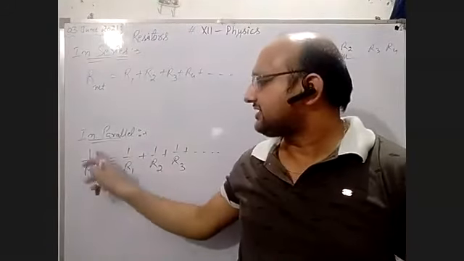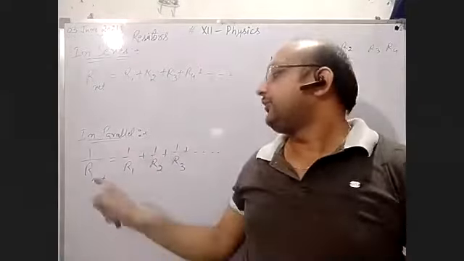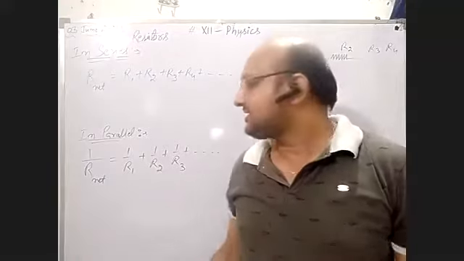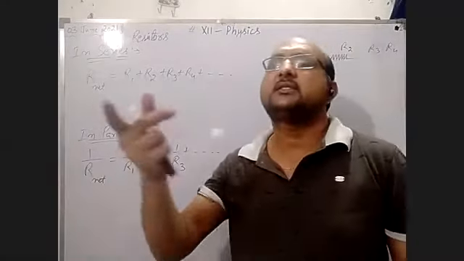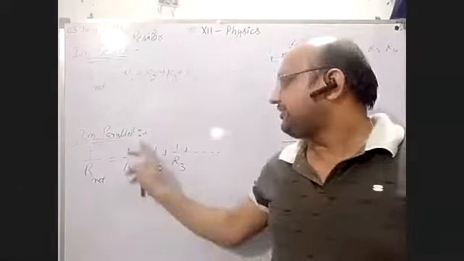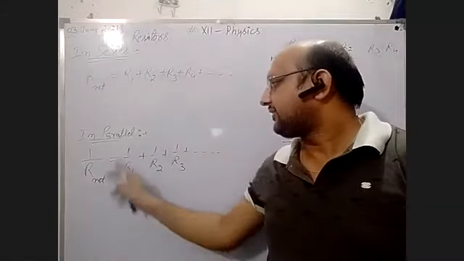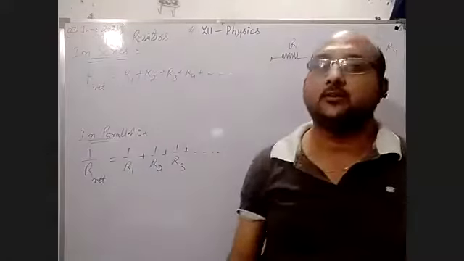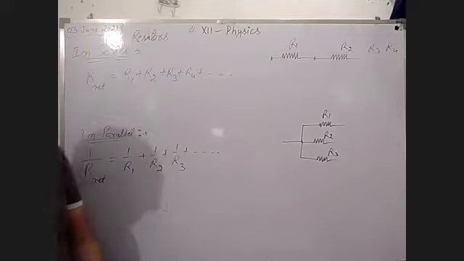If you want the value of only the net resistance, then you have to reverse the answer which you get after solving this. Okay, the right hand side. Remember this thing. In parallel, you have to be very careful about this value.